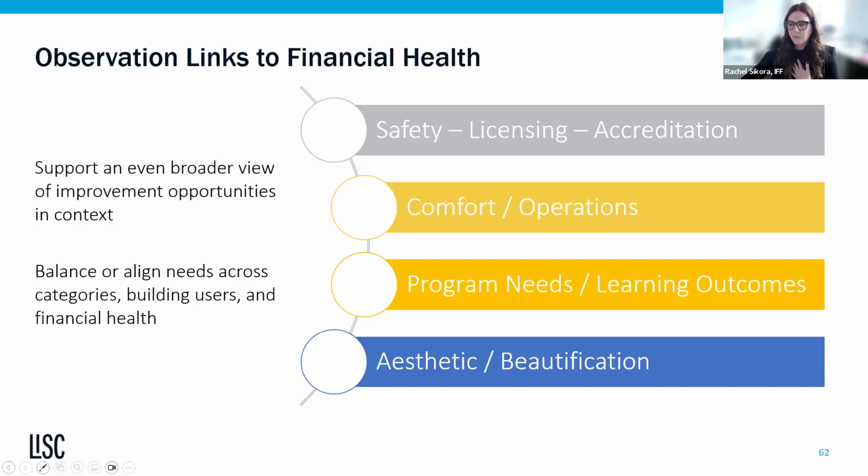It can be very hard to fundraise for those types of improvements, and you're usually only even noticing them if something is going wrong. So it's important to remember that the good bones for your facility stability and the good bones for your financial health as a provider oftentimes go hand in hand.